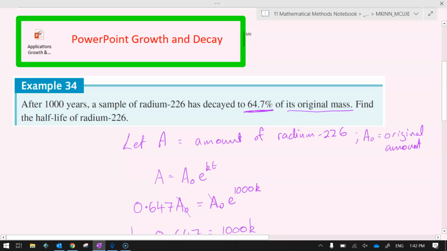After 2,000 years, what percentage would I be left with? 0.647 squared. Wouldn't the next 1,000 years, 64.7 of whatever I had remain? So if I do that on my calculator, I know that that would be the amount remaining after 2,000 years.